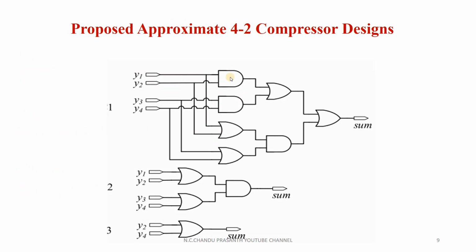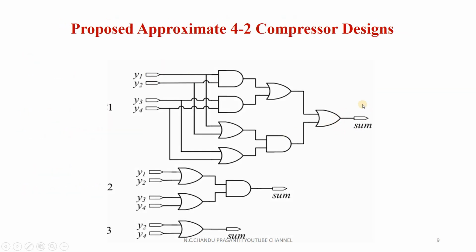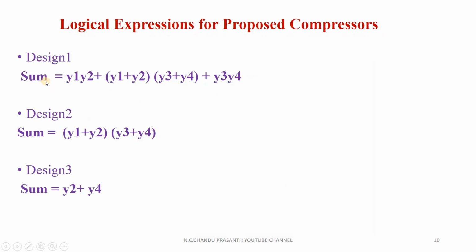These are the logical expressions for the proposed designs. The first design output expression is y1 y2 plus y1 plus y2, which means an OR operation, and the AND of y3 plus y4 plus y3 y4.